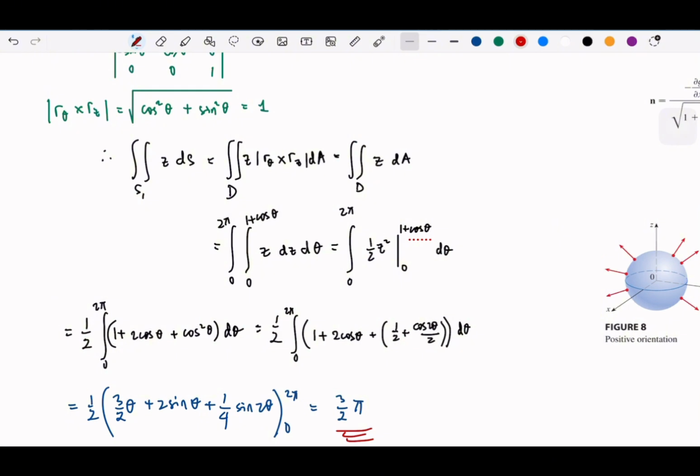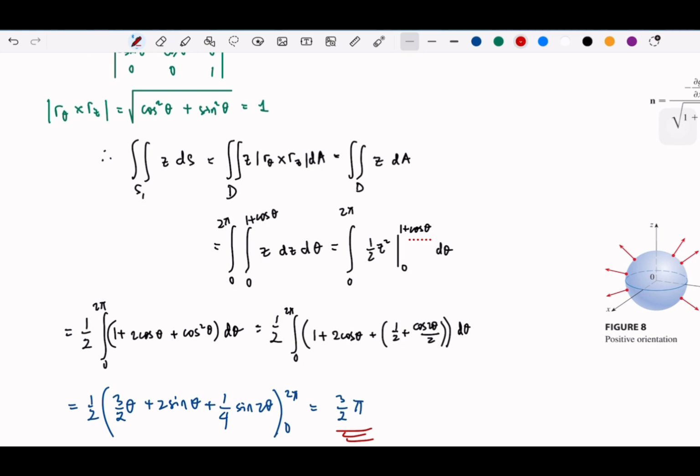And dA, we can get it if you take back what we have in previous examples. It will be the surface area for the integrations, which is defined by a similar magnitude, basically like this one here.